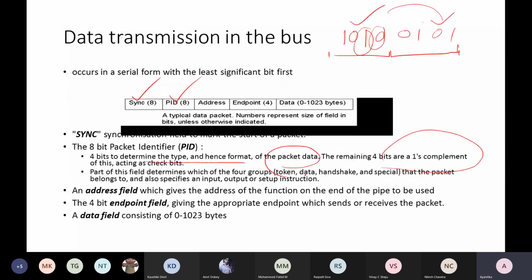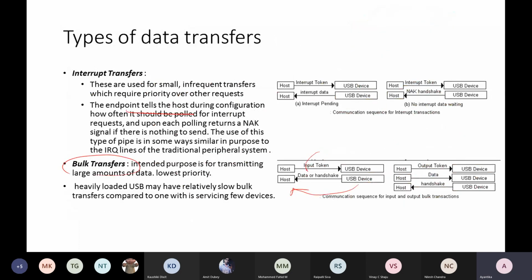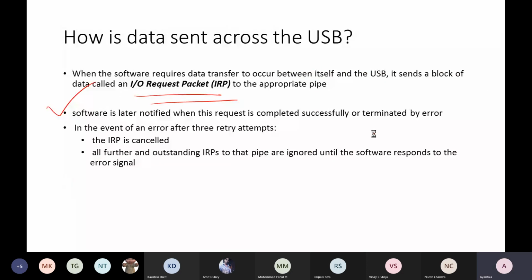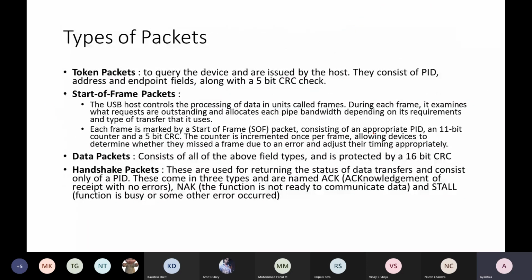Remember, that's why we have always mentioned the communication starts with initiating tokens. Maybe it's an interrupt token, maybe an input token, whatever it may be, the token indicates what type of transfer it is. And this token is basically a request to initiate the communication.